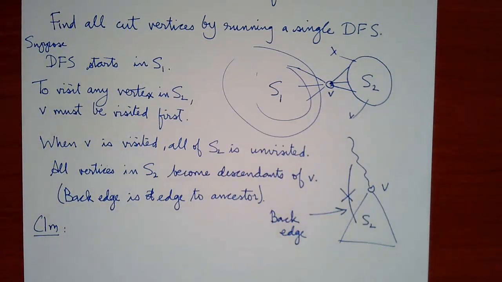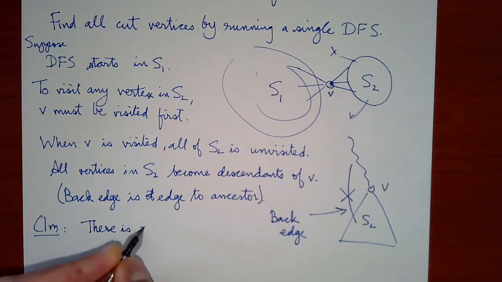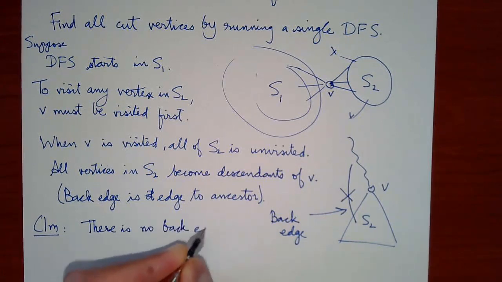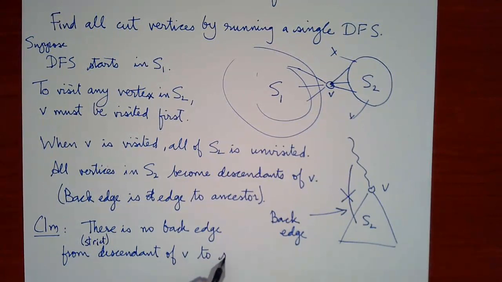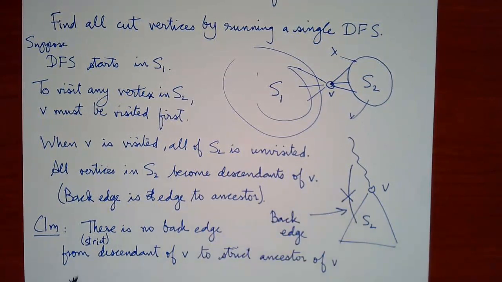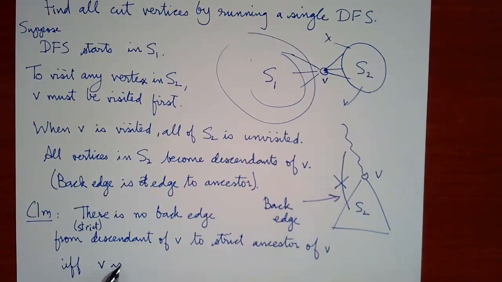So technically what I'm saying is incorrect, but it's almost correct: there is no back edge from a descendant of V, so I should say strict descendant of V, to a strict ancestor of V, if and only if V is a cut vertex.